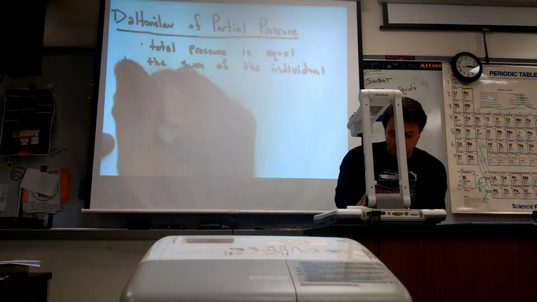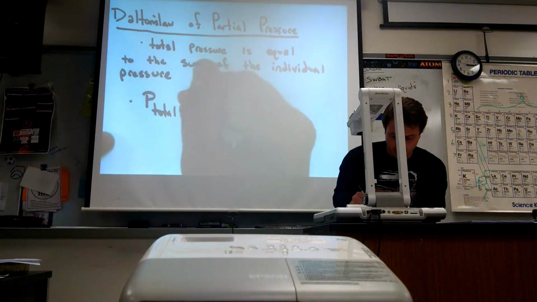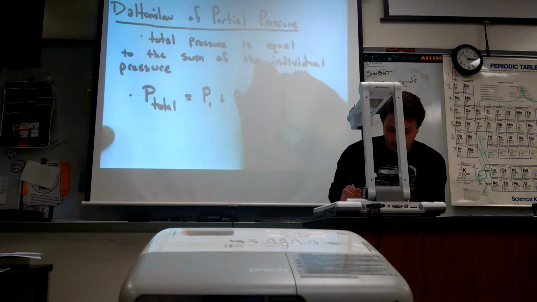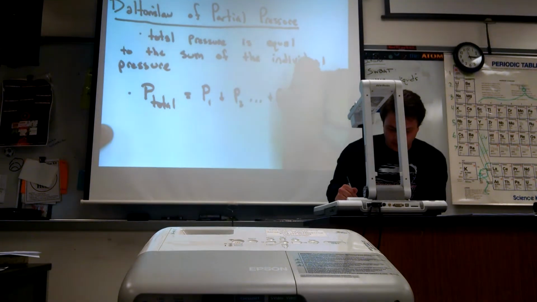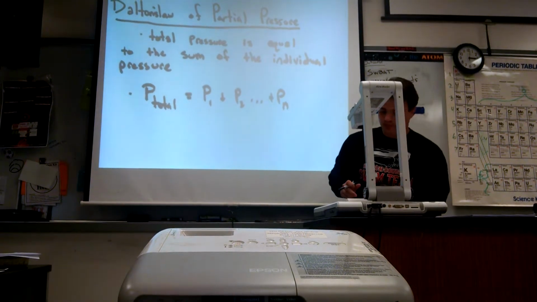Which is just a fancy way of saying pressure total, so P total, our total pressure, is equal to P1 plus P2 dot dot dot, so however many we have, all the way until we've reached the end of our pressures. So N is just our final pressure.